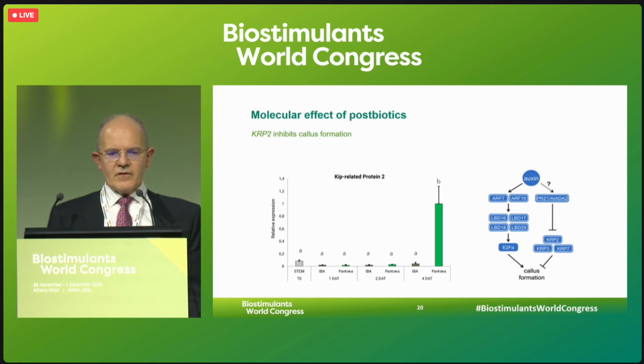Another piece of information, also on the callus formation, was the expression of the KRP2 gene. And also in this case, this gene that is related to callus formation is expressed at a high level only when the metabolites provided by Pantoea are used as a biostimulant.